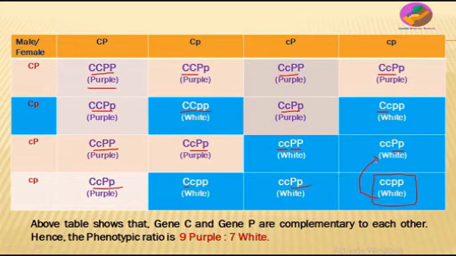So if there is no dominant allele, or if only one gene contains a dominant allele, it will produce the similar phenotype, that is white colored flowers. So this table shows that gene C and gene P are complementary to each other, hence the phenotypic ratio will be 9 purple and 7 white colored flowering plants.